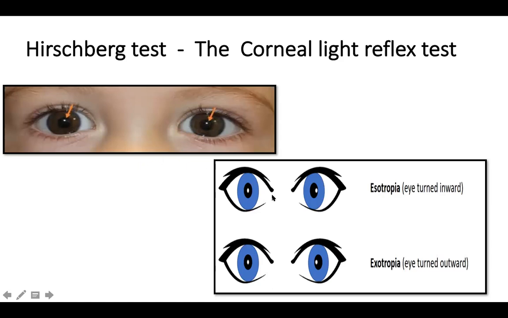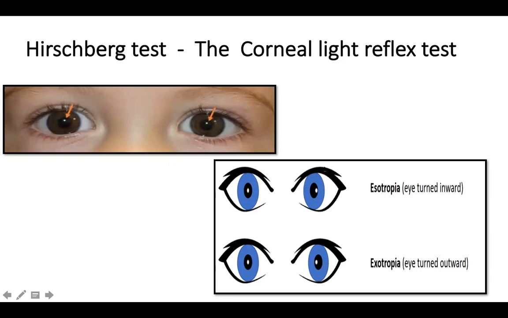But if there is an eso deviation, the light dot, instead of falling on the midline, falls close to the iris or the lateral border of your pupils. And if there is an exo deviation, if there is an exotropia, the light rays would fall more medially, close to the middle part of your pupils.